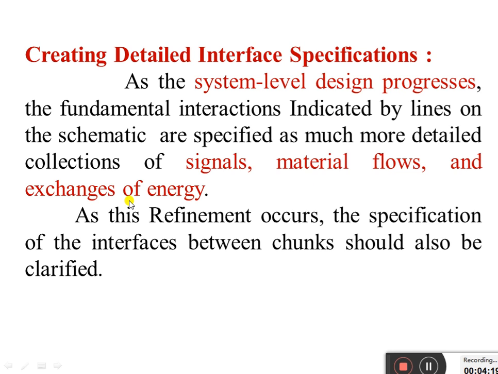In the schematic diagram, the thin line, the thick line, and the dotted lines show signal, material flow, and exchange of energy in a clear manner. As this refinement occurs, the specification of the interfaces between chunks should also be clarified.